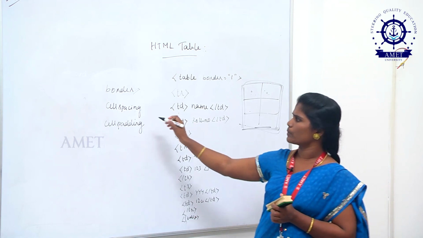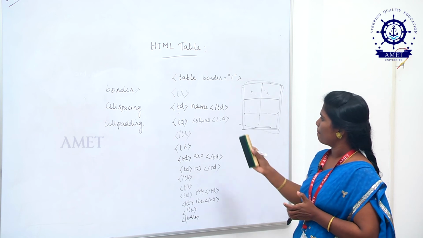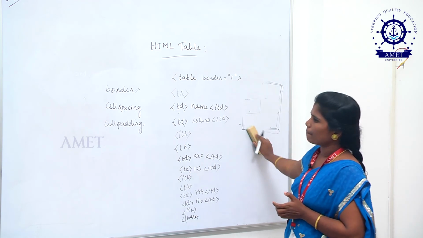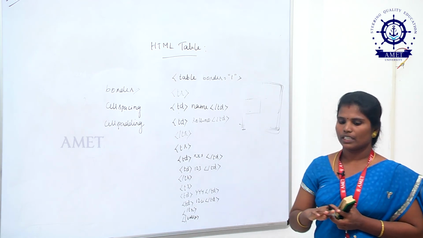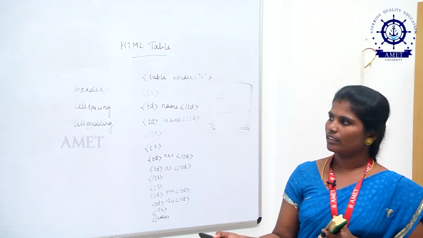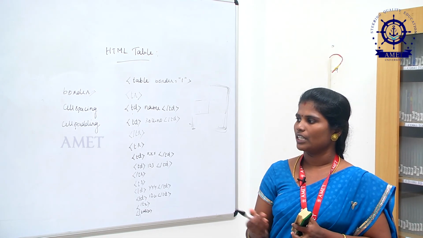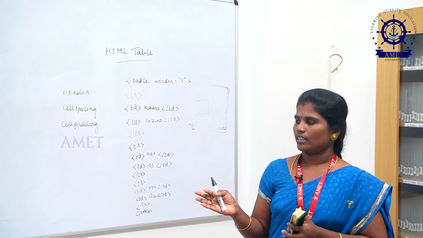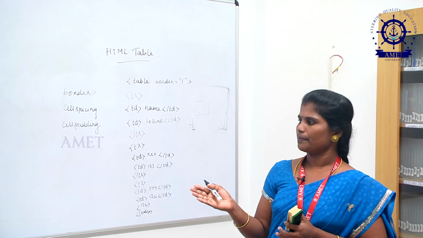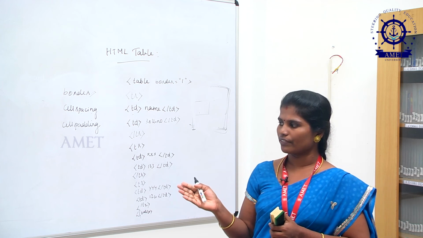Then where we have to specify the cell spacing? See in the PPT you can see, in the fourth one I have used cell spacing, table, border, it is an attribute that we have seen already, and cell spacing we have given equal to the value 10.